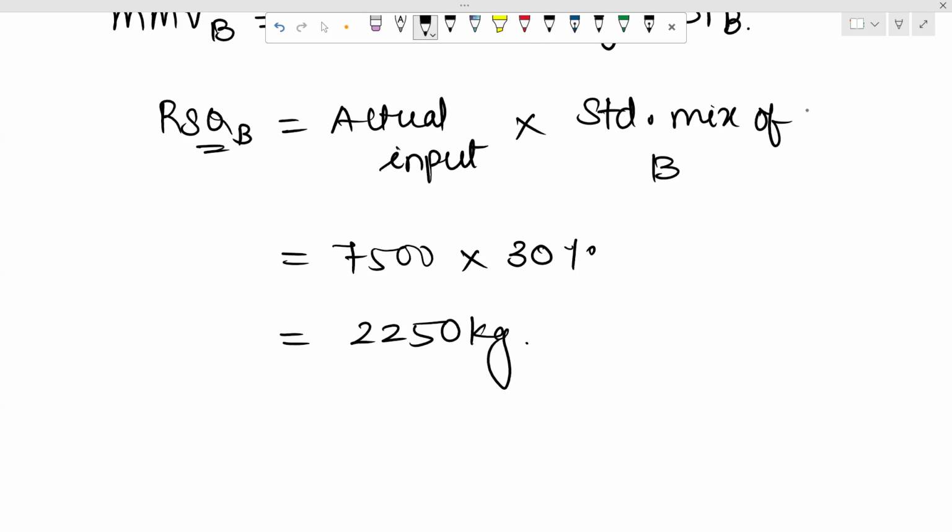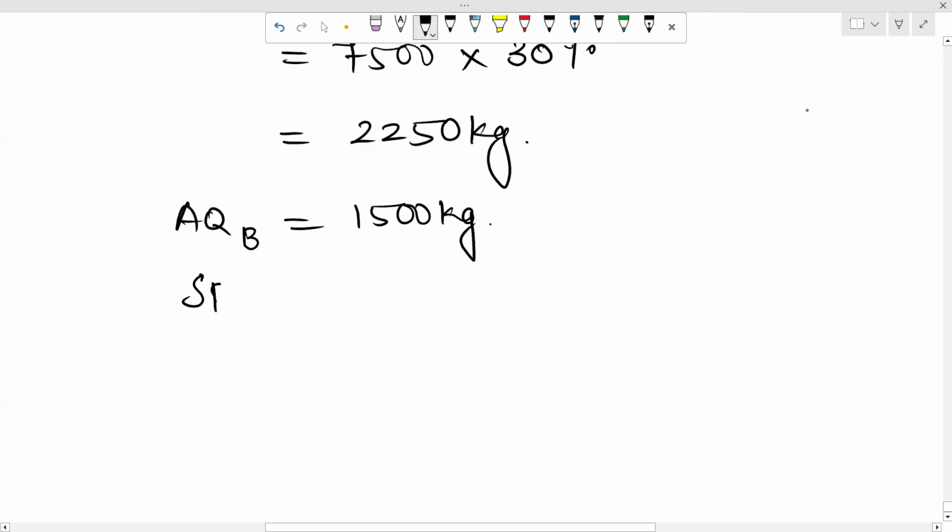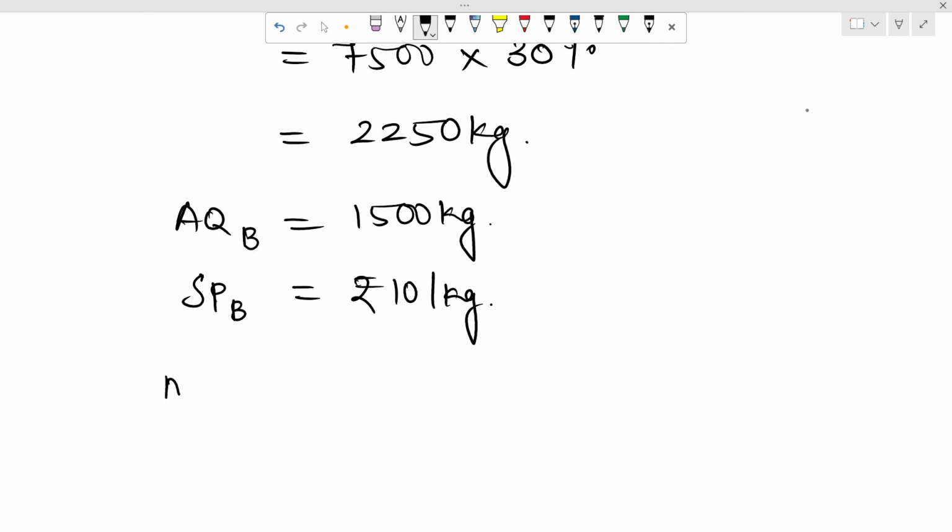So as per standard mix, we should have used 2,250 kg of raw material B, but actually we used 1,500 kg of raw material B. And the standard price of raw material B is given in the question as rupees 10 per kg. So now just apply the numbers in the formula.